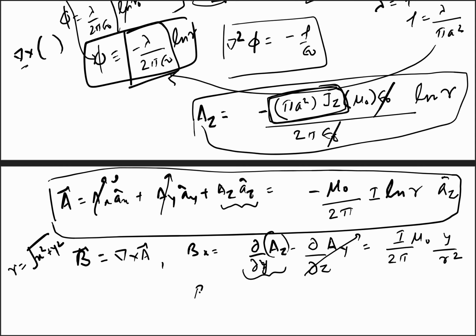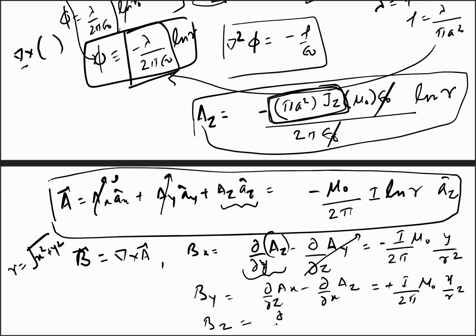And By will be equal to dou by dou z of Ax minus dou by dou x of Az. Again this will be equal to, and of course it will be minus sign here and plus sign here, I by 2 pi mu naught x by r square, and Bz will be equal to dou by dou x Ay minus dou by dou y Ax equal to 0.